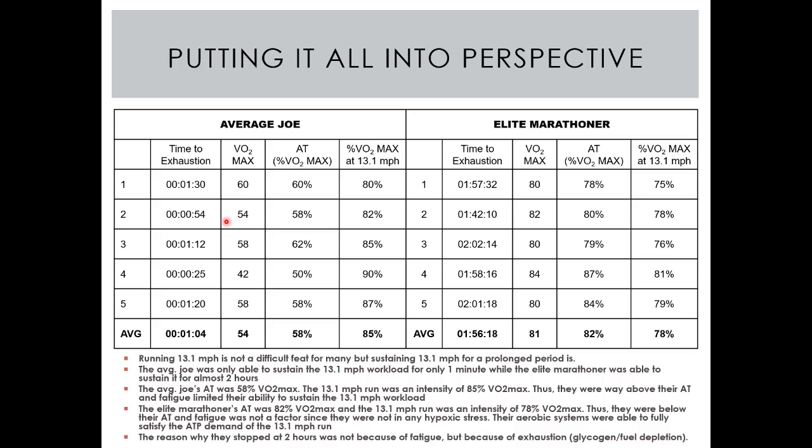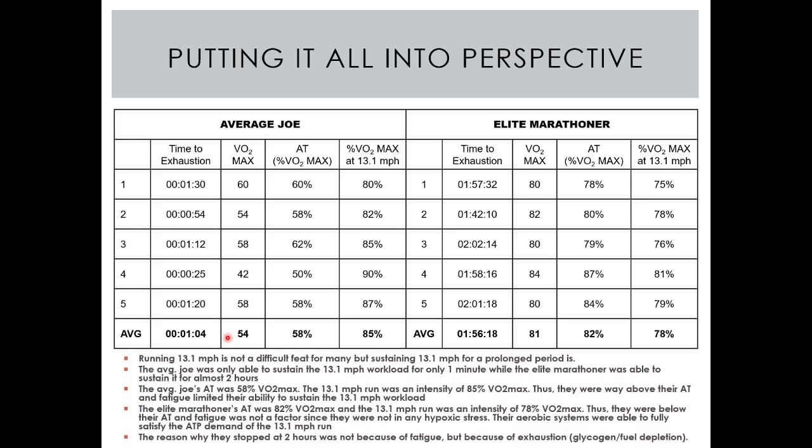Subject 2, 54. Subject 3, 58. Subject 4, 42. Subject 5, 58. And an average for the average Joes of 54 milliliters of oxygen per kilogram of body weight per minute. Now, in all honesty, compared to norm values, these numbers are not terrible. They are somewhat average for the general population within their age range.